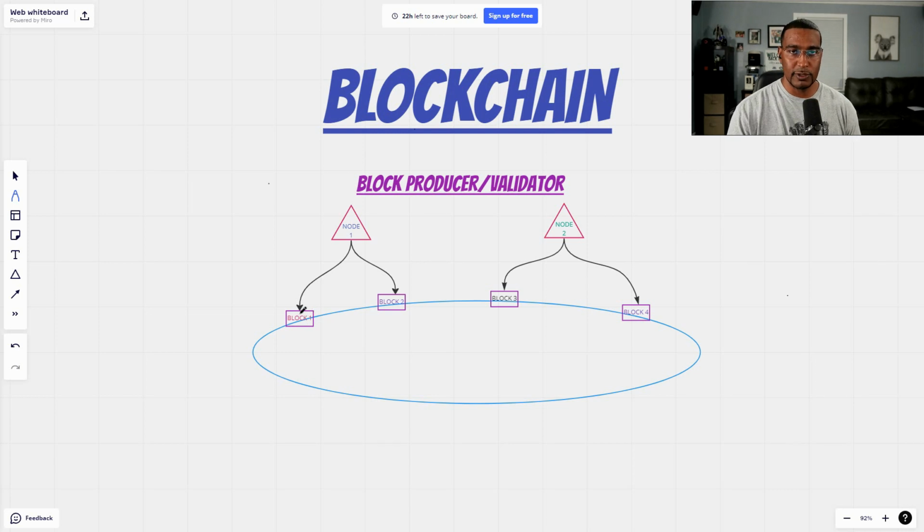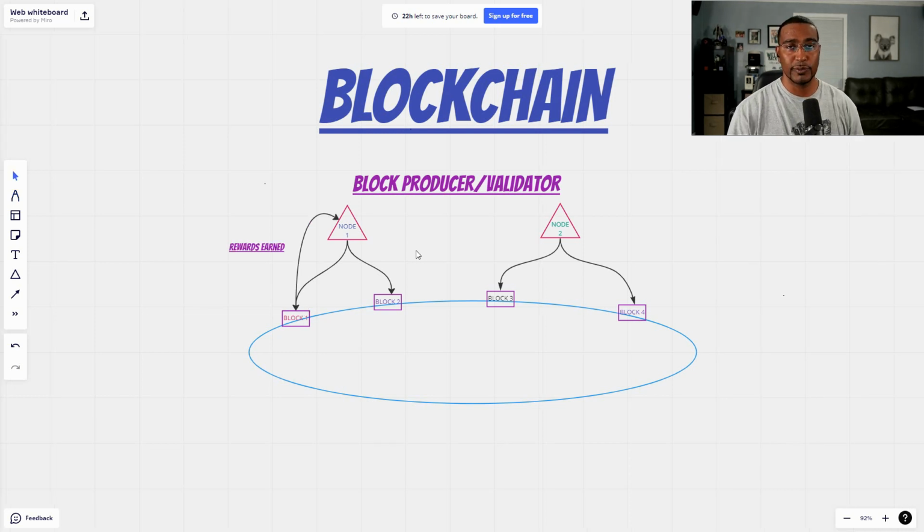Then, as a reward, the validator is rewarded with more coins. In this case, it'd be Cardano or Bitcoin. That node gets rewarded for performing the transaction, securing the block and making things happen on the network. Again, the same node one does it to block two, and the same thing happens again.